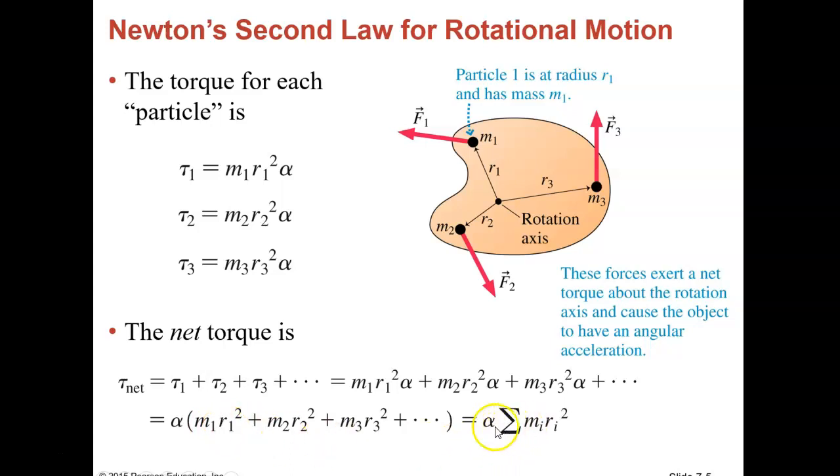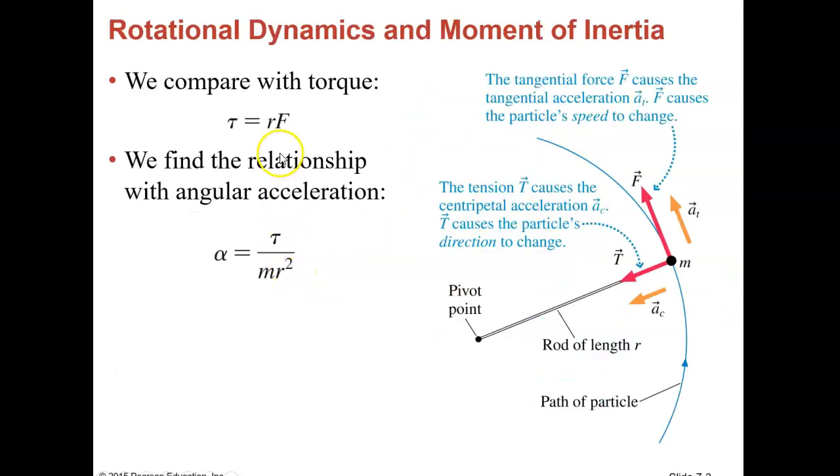So you end up with the net torque being the angular acceleration times the sum of the mass times radius squared. So you add all of the mass times radius squared, multiply that by angular acceleration, and you get your net torque. So if you have forces applied at different points, you can look at the net torques if you know those forces, and if you know the angular acceleration from up here.